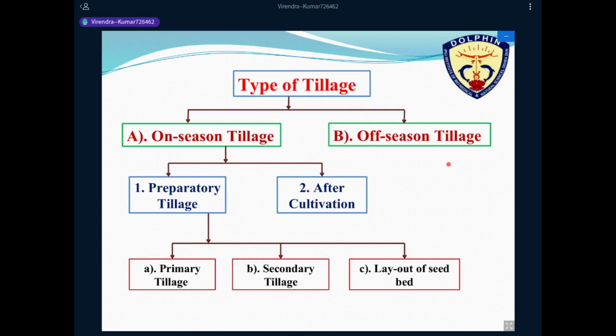The main objective of off-season tillage is to open the field and uproot the weeds, conserve rainwater, destroy the pathogens and insect eggs, and increase the water holding capacity of the soil and conserve the rainfall waters. So this is the off-season tillage practice.